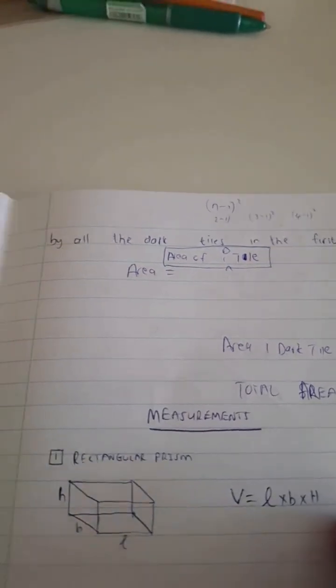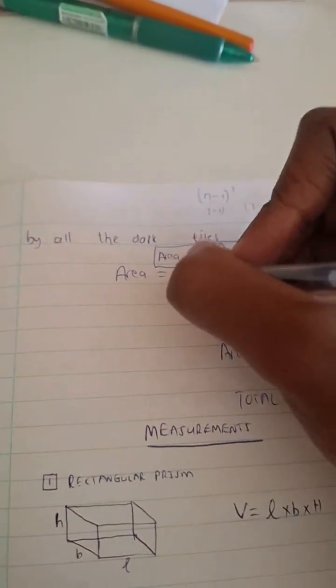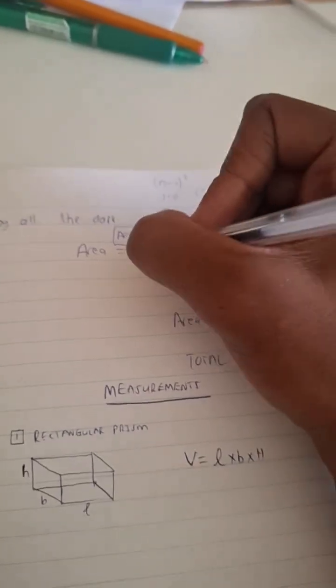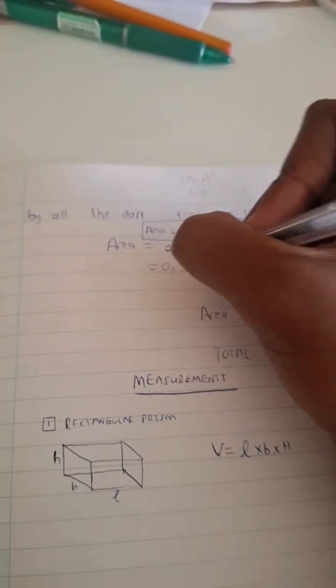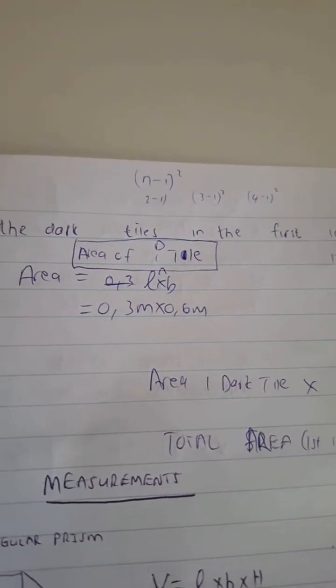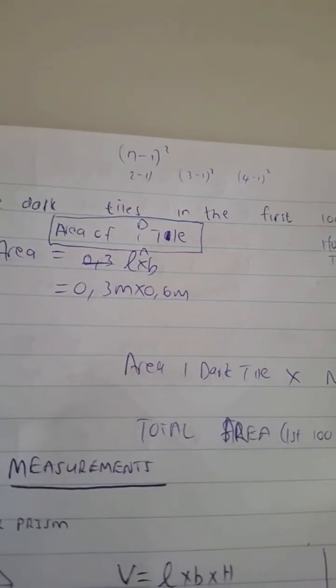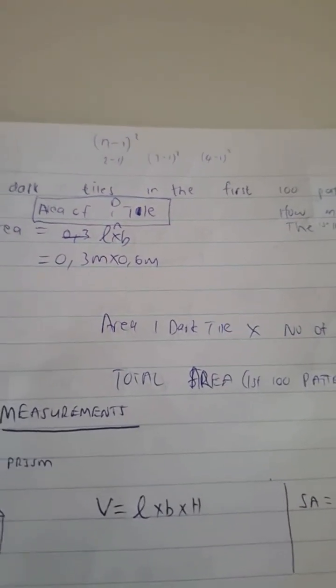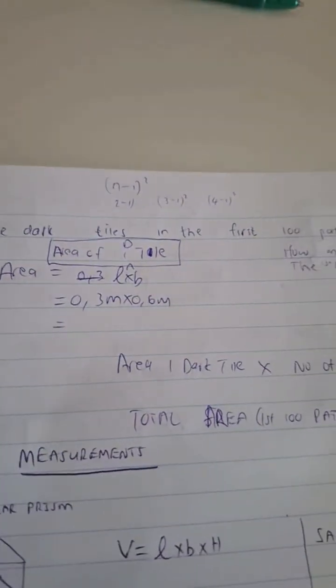So if I calculate the area of one tile first, remember the tile is rectangular in shape, so I'm going to use the formula: area is equal to length times breadth, which means 0.3 meters times 0.6 meters. So what do I get, guys, for the area of one tile?